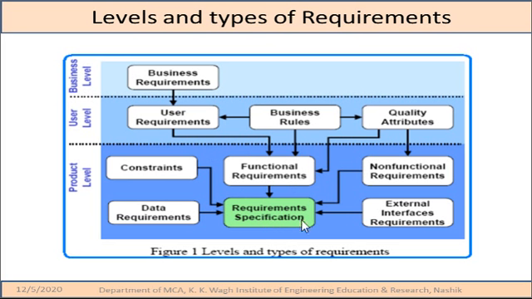Some of the external interfaces required for the requirement can again be communicated through the requirement specifications. So these are the hierarchy, or the different categories of types of the requirement and levels of the requirement. Hope you understood these things.